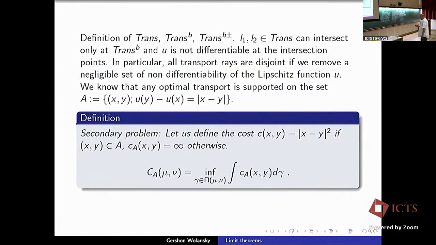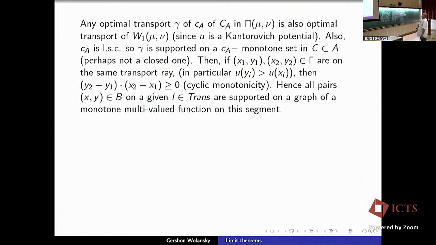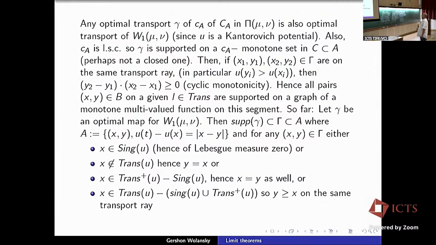Let me just skip one page. So what I say here is that in this set A, we can distinguish four cases. The first case is the singular set, all points where u is not differentiable, which has Lebesgue measure 0. Then points which are not on a transport ray. What does it mean that a point is not on a transport ray?